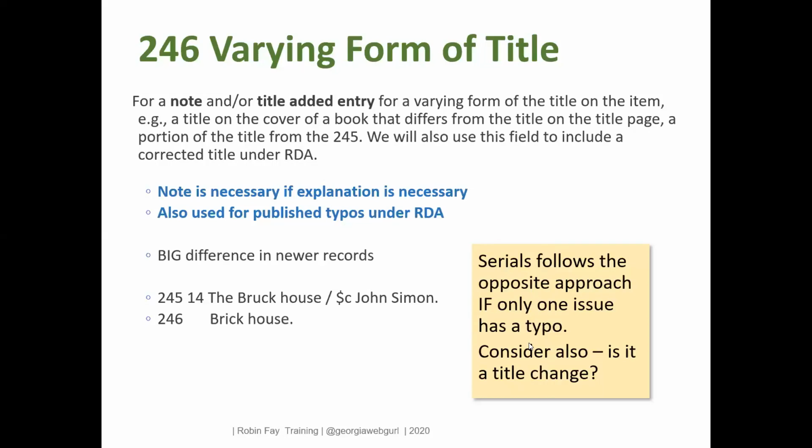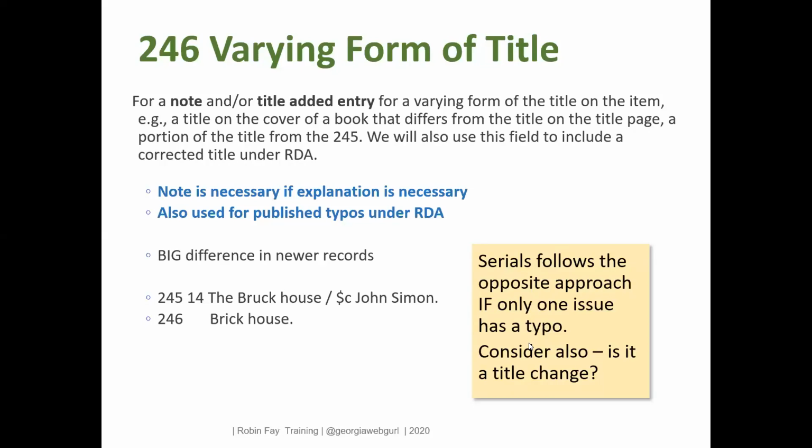Then you would add a 246 to give the correct title. There's also an indicator that you can add that will allow you to say something like spine title. It'll automatically give that note to a person.